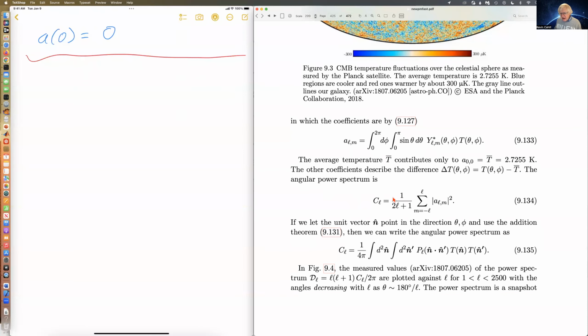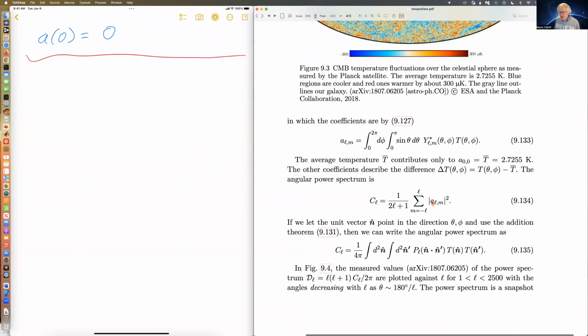And then the angular power spectrum is defined as C sub L, where you sum over the m's and take the absolute values.